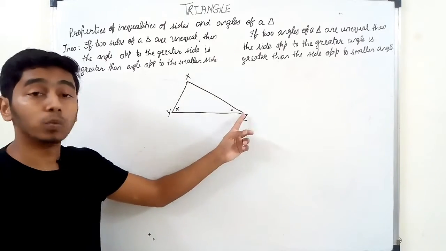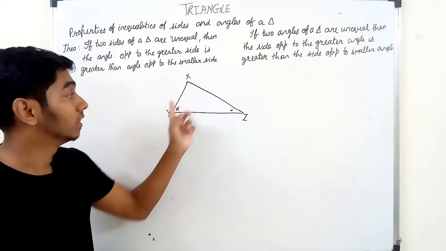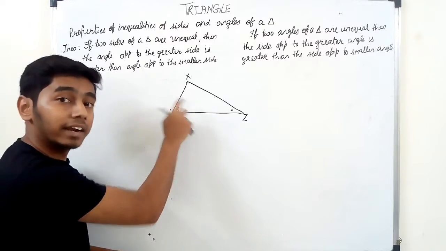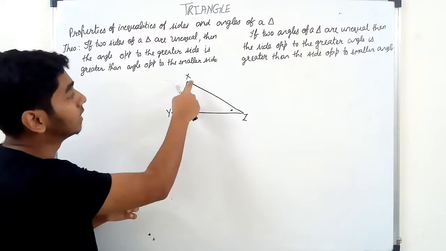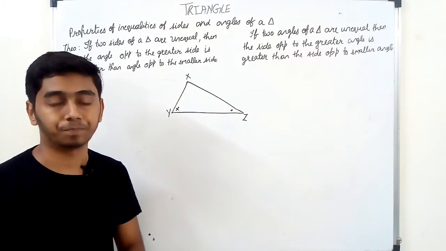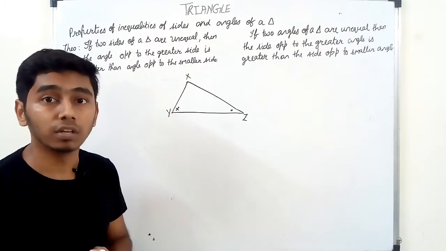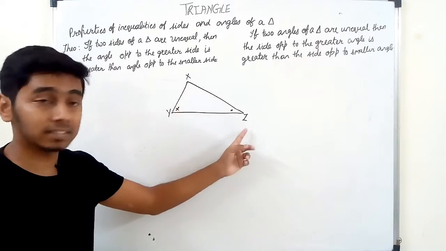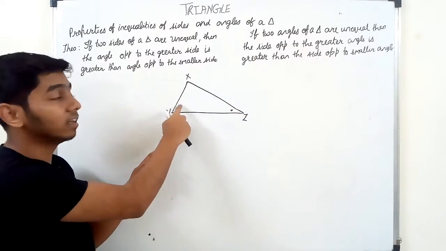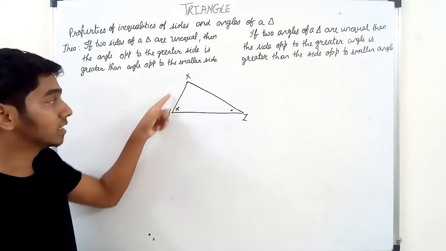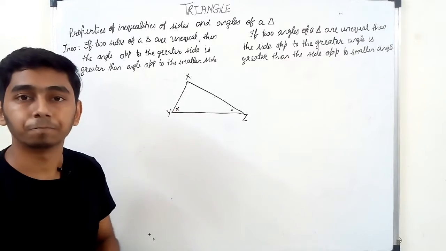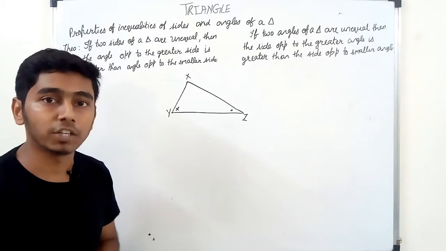The side which is greater, and the angle opposite to the greater side, which is this angle, is greater compared to the angle which is this angle opposite to the smaller side. So I hope you have understood. So what does this say? Greater side, greater angle, meaning greater side then opposite to it is the greater angle. Smaller side then opposite to that is the smaller angle compared to this greater angle. So I hope you have understood this.